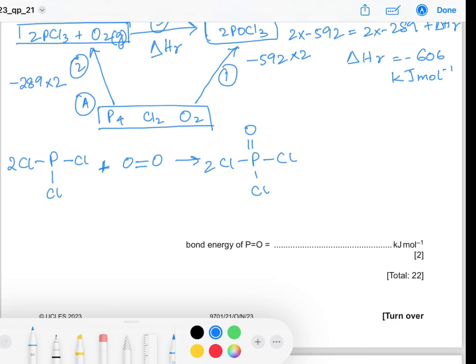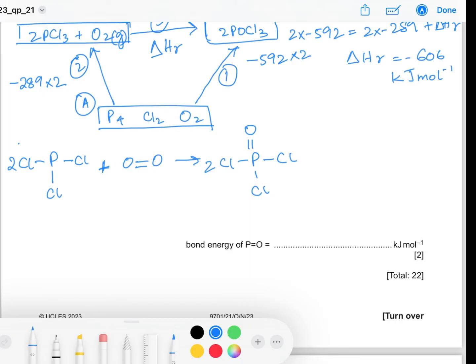Whenever you are calculating bond energies, remember, on the reactant side you break bonds. Breaking bonds is endothermic, so you denote that by a positive sign, and on the product side you are making bonds, which is exothermic, so you denote those bond energy changes by a negative sign.